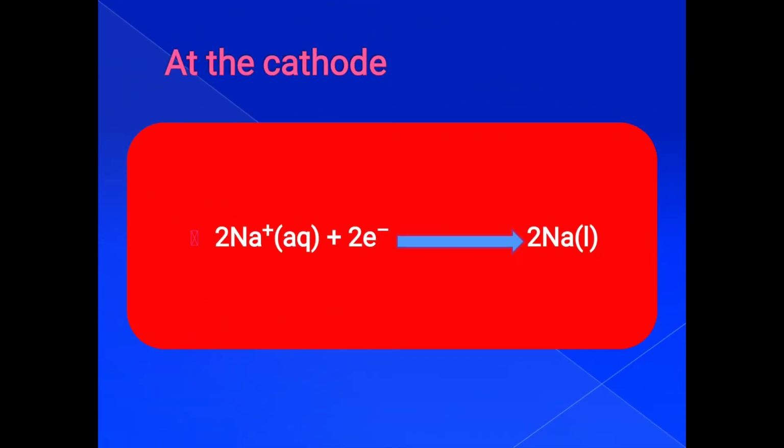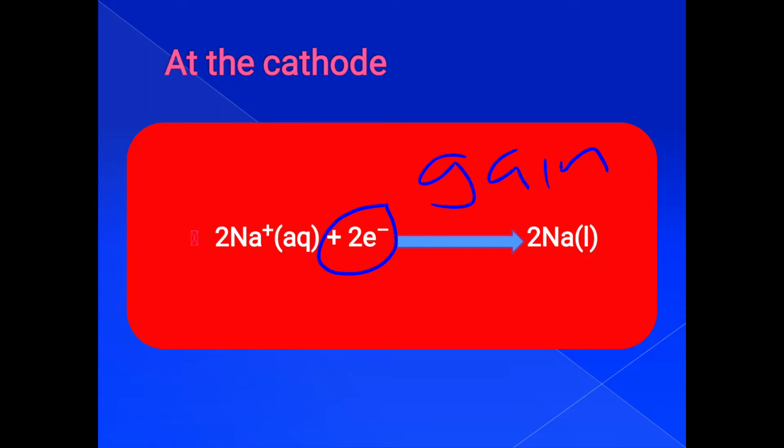The 2 electrons that are lost by chlorine are now attracted by sodium. These are the 2 electrons. What sodium will do is that sodium ions will gain the 2 electrons, one electron per sodium ion, to give us a sodium atom.